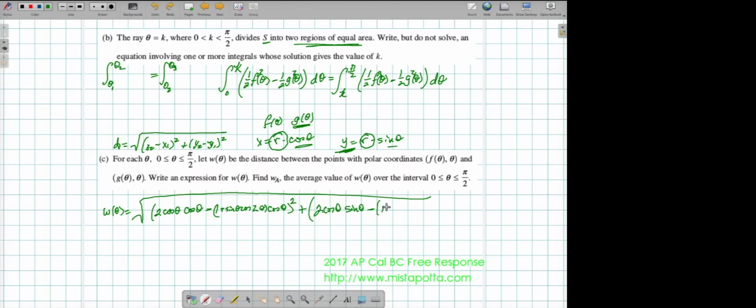So it's going to be 1 plus sine theta cosine 2 theta times sine theta, and then this expression is going to be squared. Ugliness, but this simplifies. Now what I have here is technically a correct answer for writing an expression for w of theta, but it's going to be horrible for me to continue the calculation. So I do need to do some simplification.